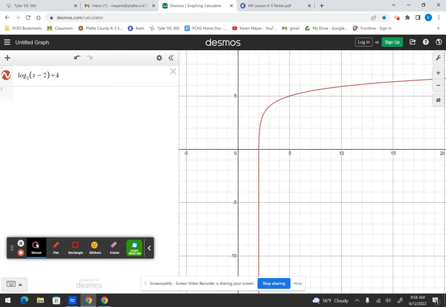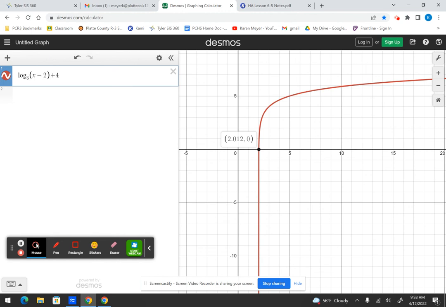Okay, and then when you look at this picture, you're going to notice there's no longer an asymptote that's a horizontal line. Your asymptote is now a vertical line, which is what we talked about, and then it's getting ever so close to 2. Okay. So for this one, on the left side for the domain, you're going to say 2, and then on the right side, it goes forever and ever.